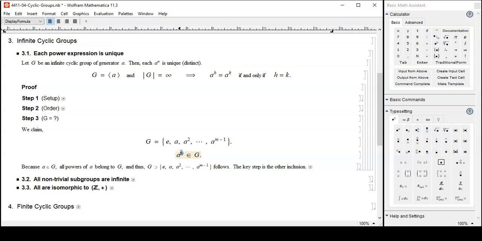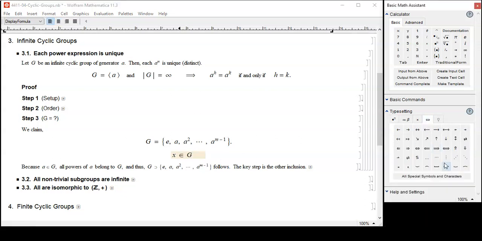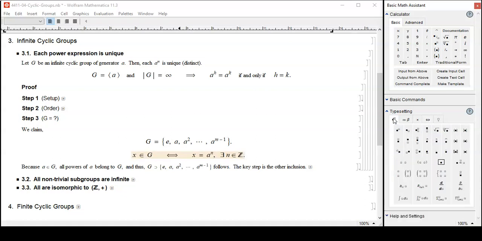Let's see, let me rewrite like this. Something belongs to G if and only if, yeah, let's rewrite like this.